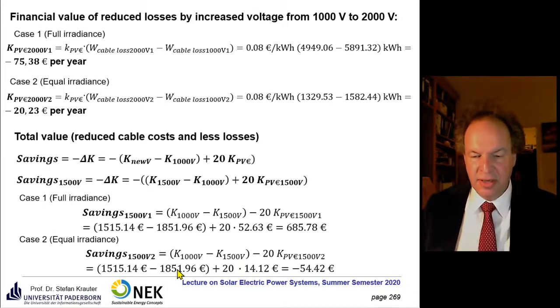So the saving is negative costs, but we have positive costs. So we don't save anything. We have additional costs of 55.42 euro during this lifetime of 20 years.